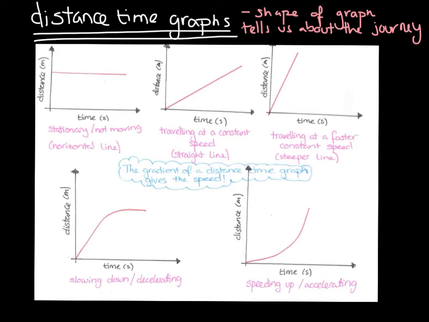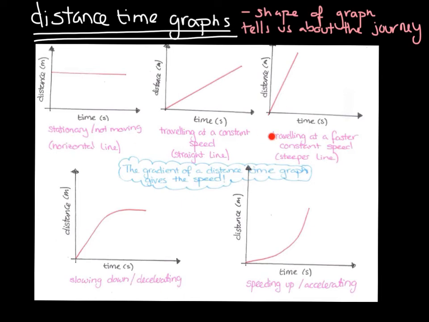If you have a straight line that's not horizontal, that suggests that the object is travelling at a constant speed that isn't 0 meters per second. The steeper the line is, the faster the object is travelling. So the gradient is telling us about the speed of the object on a distance time graph.